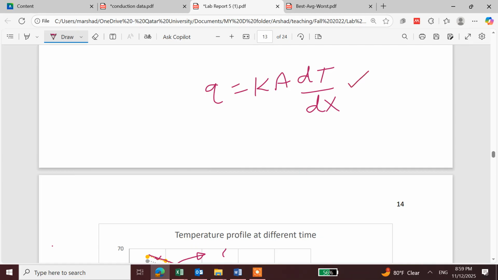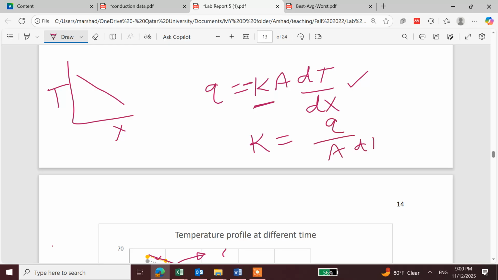You have dT/dx, the slope of the line T versus x. This is negative, right? So dT/dx will be negative. Then k you can find as k equals minus q over A dT/dx. So for each data point, you can find the k.